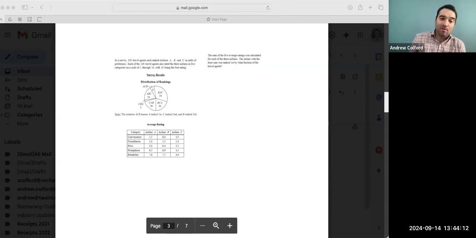Now, if we look at the table, which slices of pie ranked C first? This one and this one. And Shanae, what fraction do those account for overall? Out of 100, how many are we talking about?